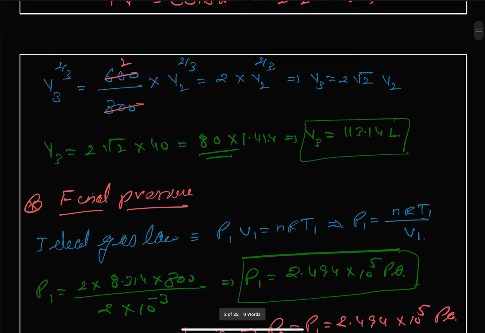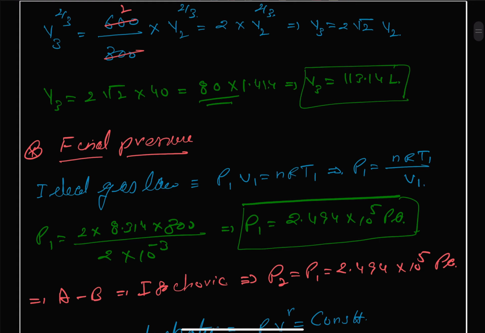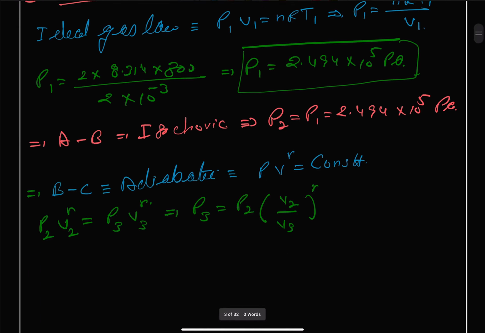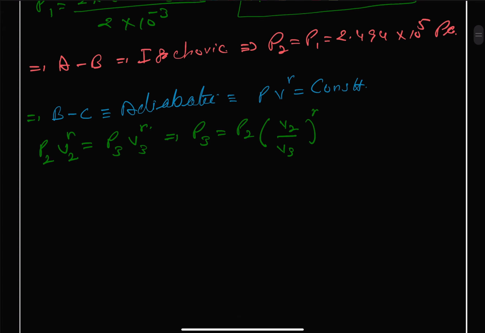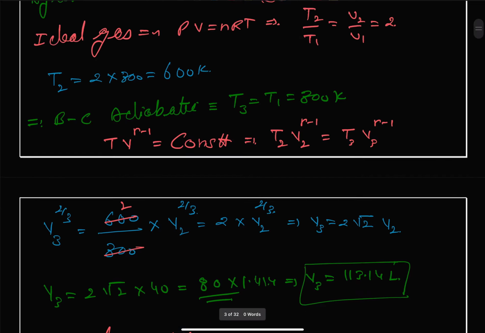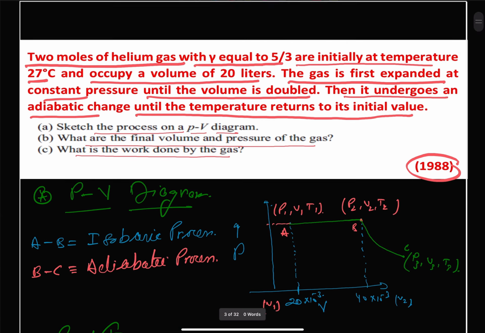Yeah, we know our V3 and we also know our V2. So this will be equal to P2 times 1 upon 2 root 2 whole raised to power gamma, and gamma in this case is 5 by 3.